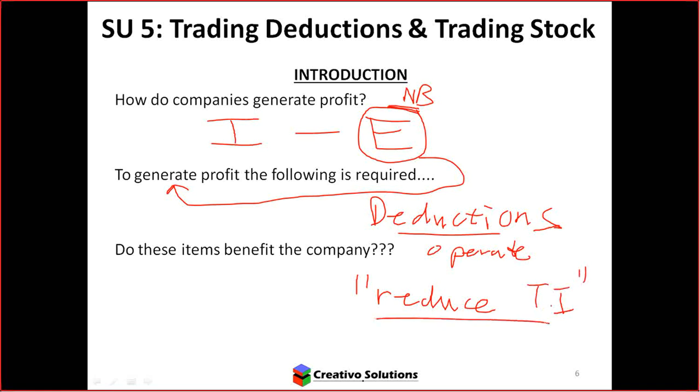Because what does a deduction do to the taxable income? Does it add to it or does it decrease it? So what does the deduction or allowance actually do to the taxable income? It decreases it, sir. Why? Because remember, a business is looking at the output.